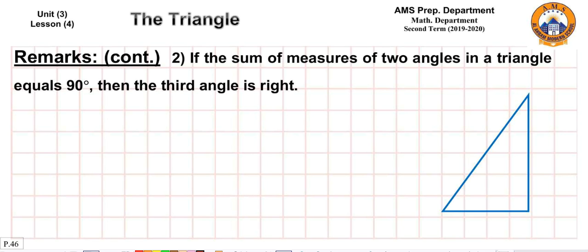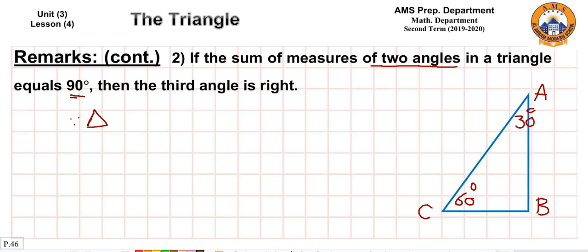If the sum of measure of two angles in a triangle equals 90, then the third angle is right. So if I have the triangle ABC and this is 30 degree and this is 60 degree, we wanted to prove that measure of angle B is 90 degree. How can we prove that? We will write this.